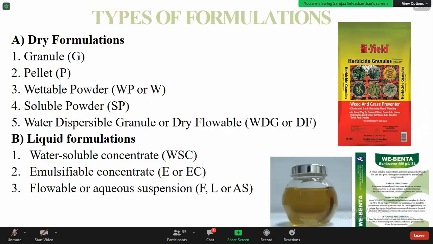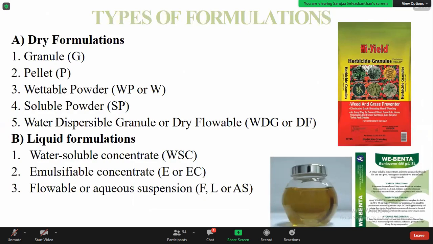First one is dry formulations: granule, pellet, wettable powder, soluble powder, water dispersible granule or dry flowable. Next one is liquid formulations: water soluble concentrate, emulsifiable concentrate, and flowable.